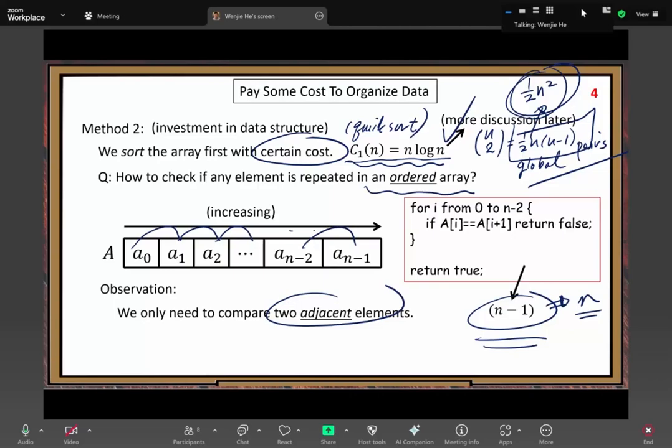So you need to add up the cost of these two parts. Then you can do a fair comparison, right? You can't only compare this part 2 with the total cost of method 1. That's not fair.